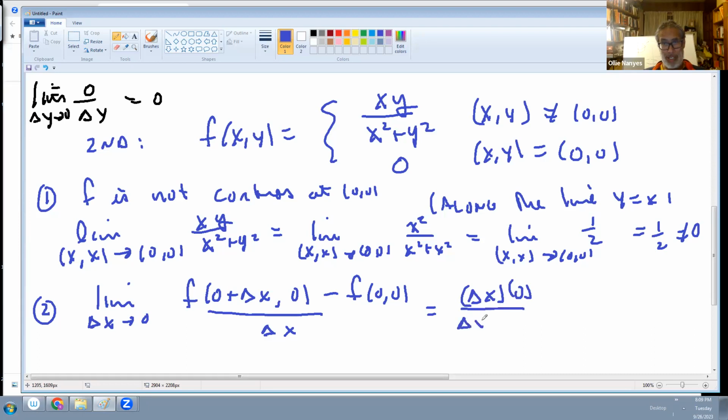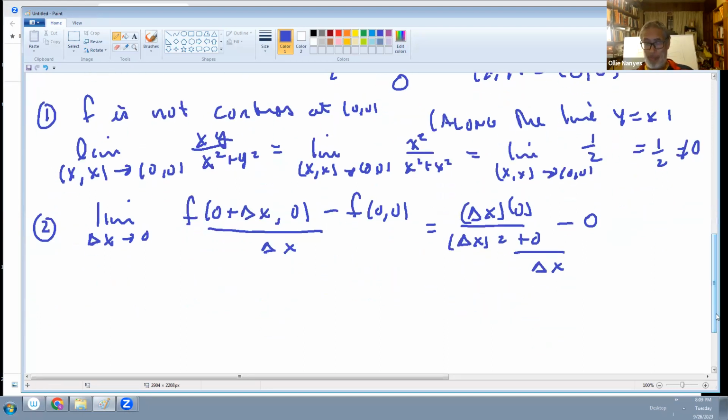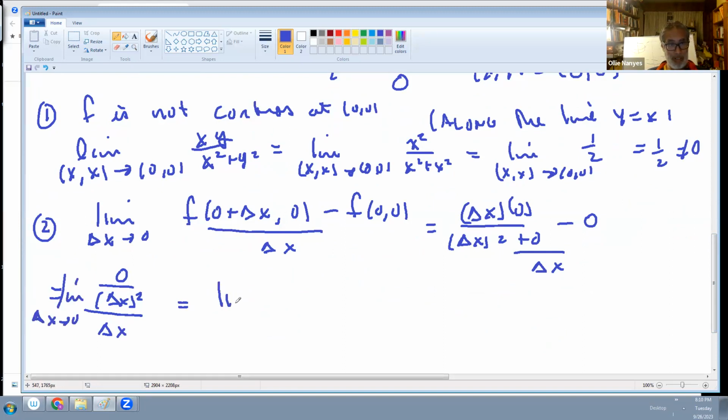The bottom is a delta x squared plus 0, minus 0 over delta x. But this part right here is really going to be 0 over delta x squared divided by delta x. And we're taking a limit as delta x goes to 0. So that goes to 0 over delta x cubed, which is still 0.